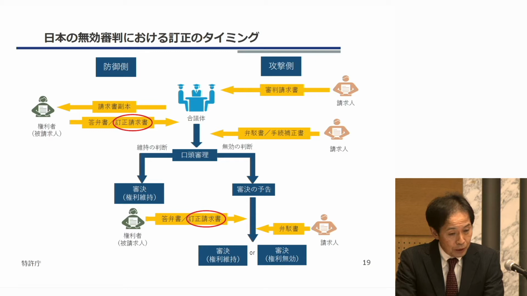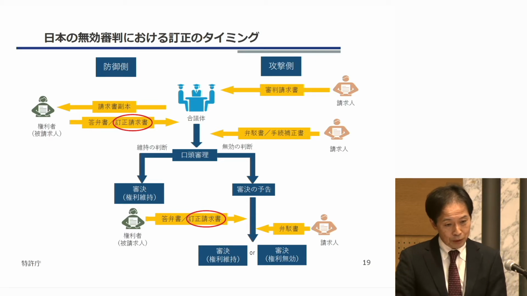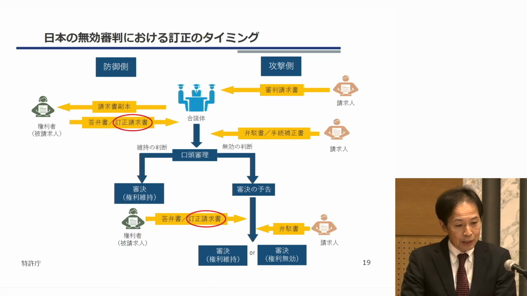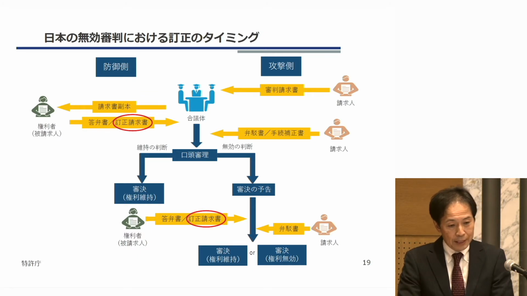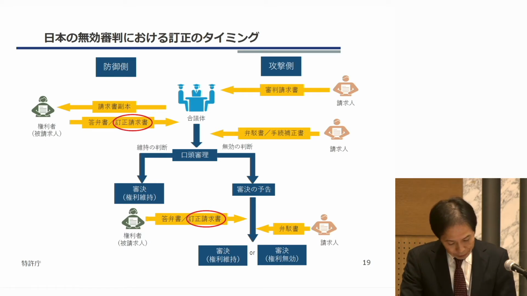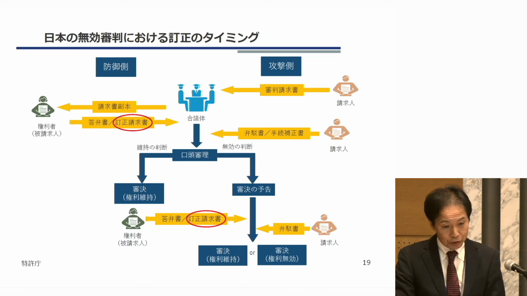So let's just move on to the timing of corrections in invalidation proceedings. In Japan, there are 2 opportunities to file corrections. So first of all, when the patentee receives the duplicate of the request for the invalidation, you can issue a correction then.